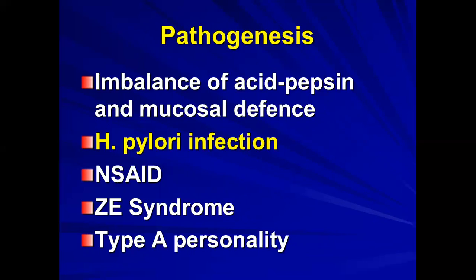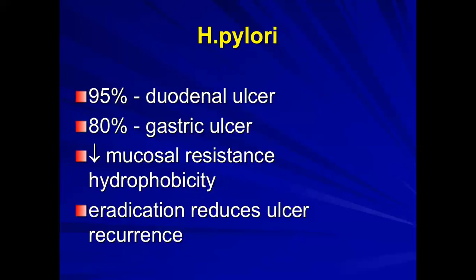Zollinger-Ellison syndrome, in which there is hypersecretion of gastrin, leads to increased ulcer formation. And type A personality, again the worry: type A personalities have more worries, they are more overthinkers, so they develop ulcers. H. pylori is the cause of 95% of duodenal ulcers.